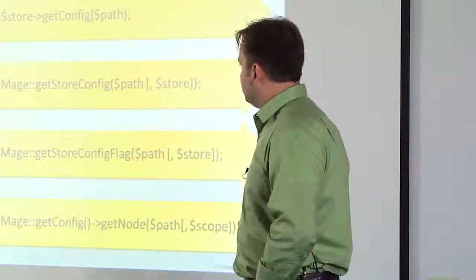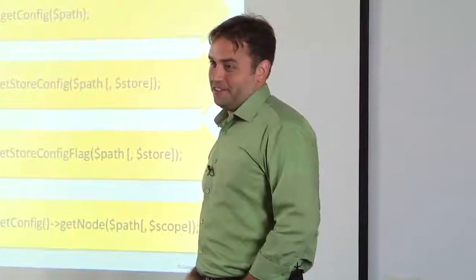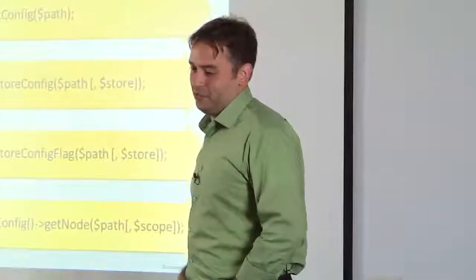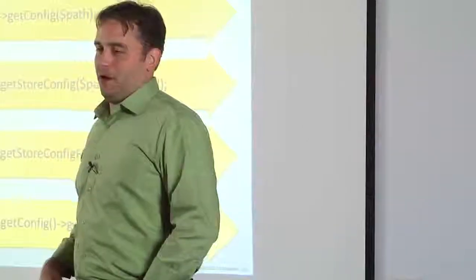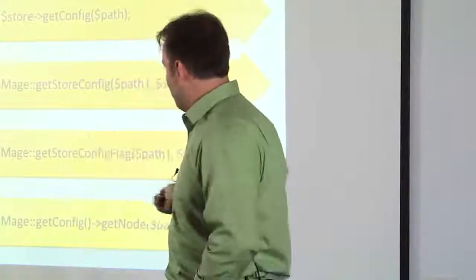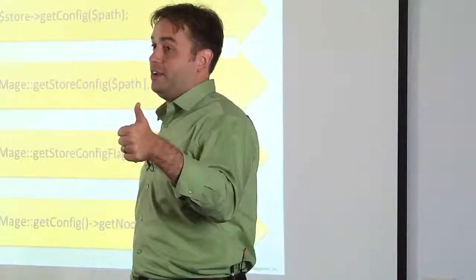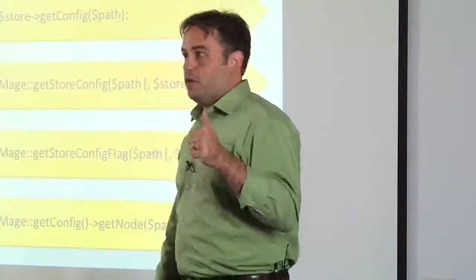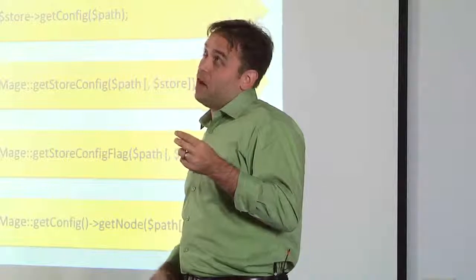All right. Now, if we want to check a flag in the configuration, that's the problem, certainly in PHP, that a string will always evaluate to true. So there's this function here, get store config flag, and it looks to see if the node is defined and if the node is true, or actually if it's not false.